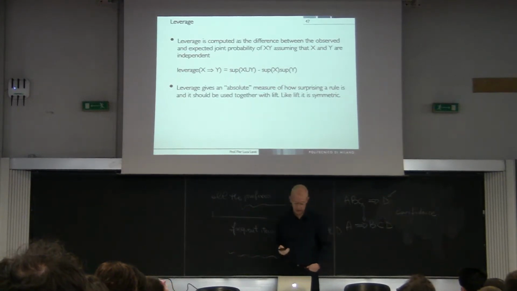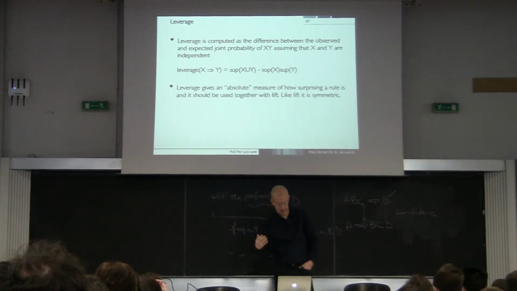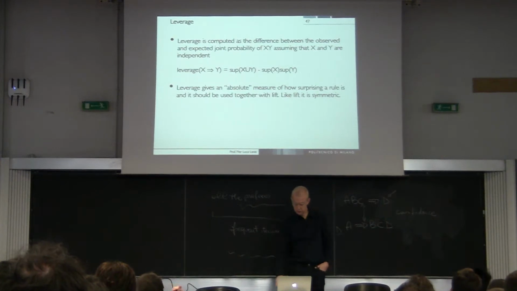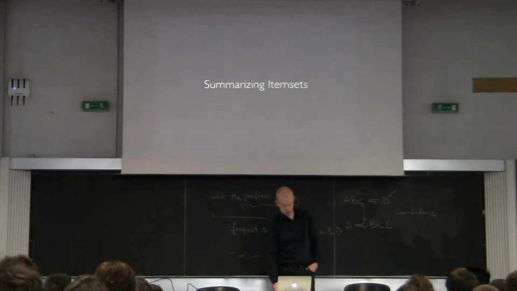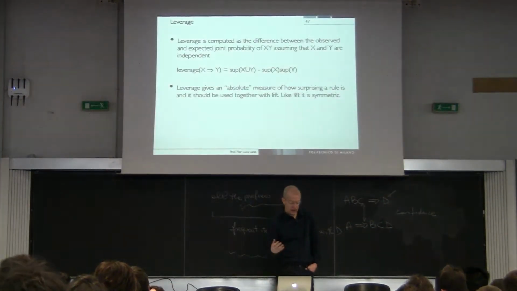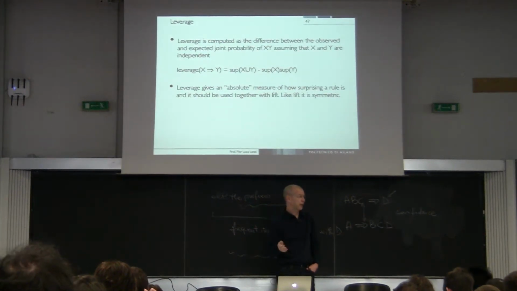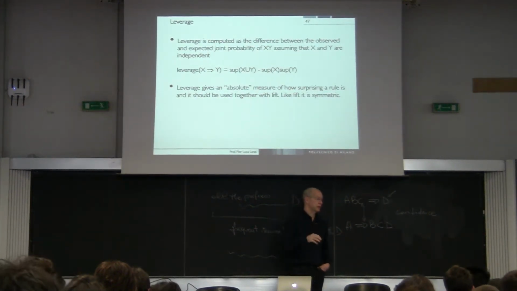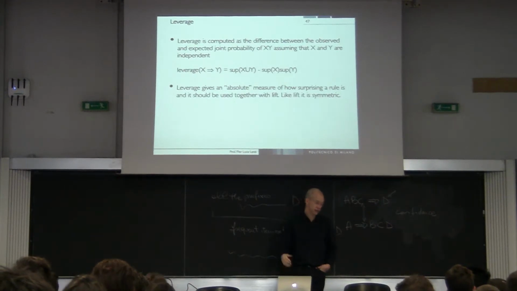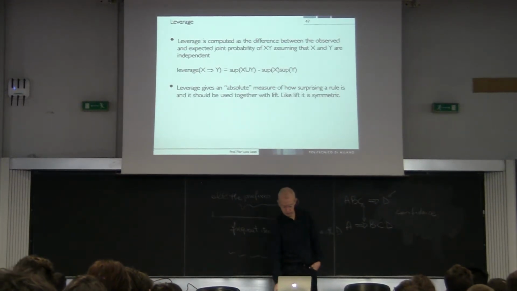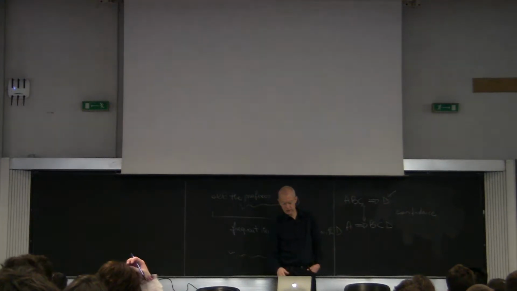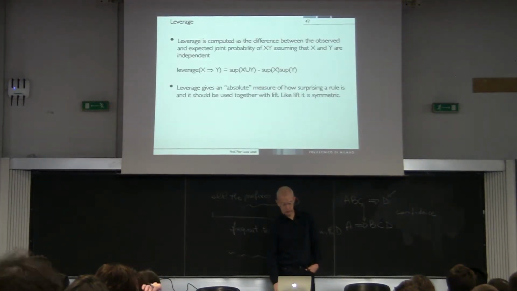So it tries to give an absolute measure of how surprising the rules are. There are several other measures that have been developed, but they basically leave this as the most famous one. And leverage, if you check its formula, is very similar, but it gives the raw difference.